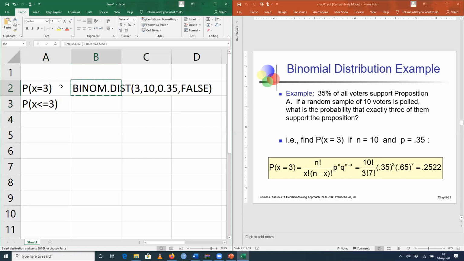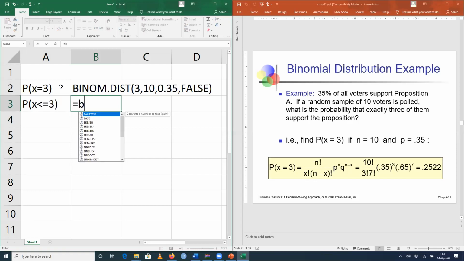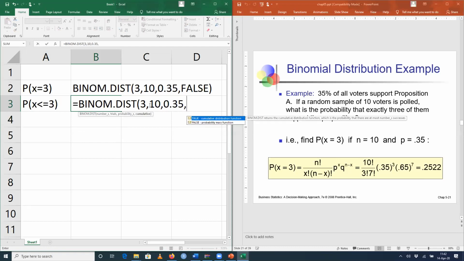Just type equal, BINOM.DIST, and now 3, comma, the same 10, comma, then 0.35, then 2. Why are we using 2?